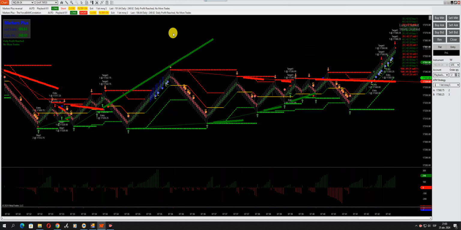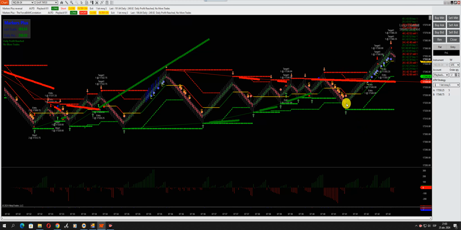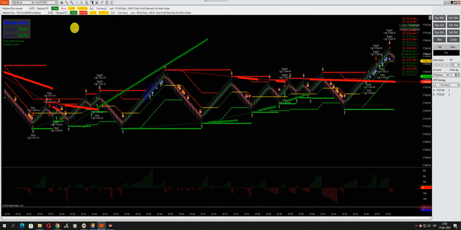Okay, that's it. Made two longs here. It would have taken this short here, but I disabled the strategy.